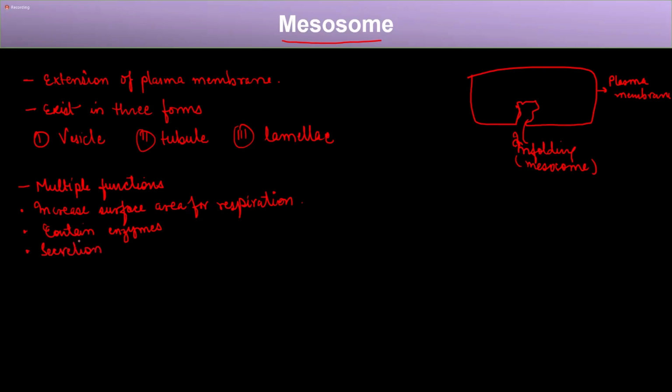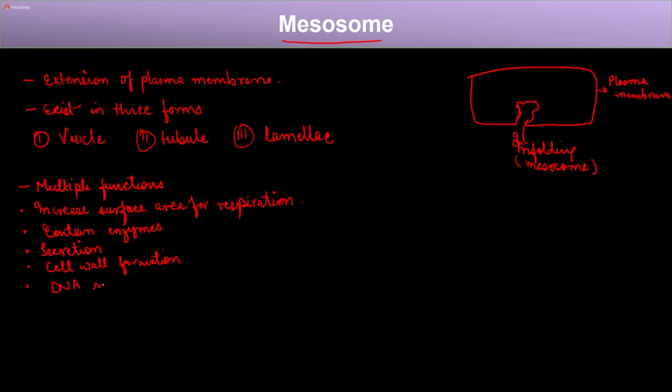So if a cell wants to secrete or send something out of its body, the mesosomes help in these secretions. Fourth, it also contains an enzyme that is responsible for cell wall formation. So mesosomes also help in cell wall formation. And apart from this, it also helps in DNA replication.